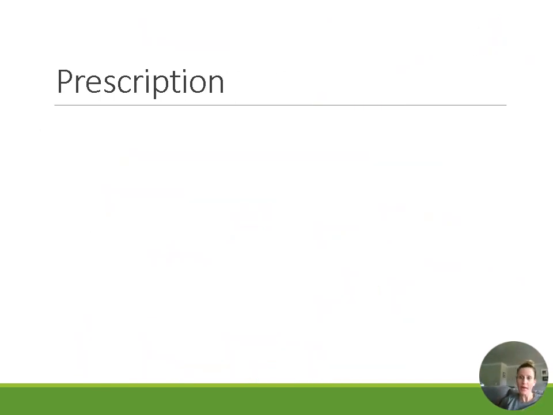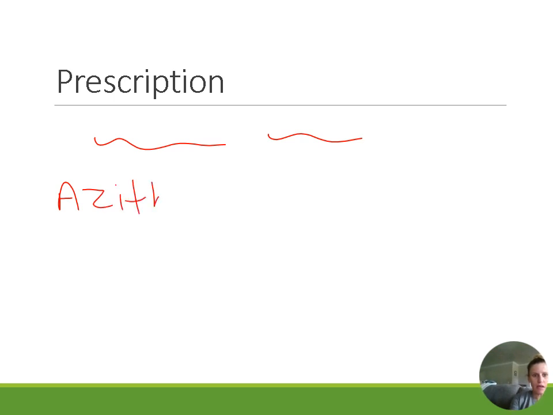Okay, so we'll go ahead and write our prescription. We have the patient's name, whatever their date of birth is, whatever today's date is, and then we're going to give him azithromycin as the drug.